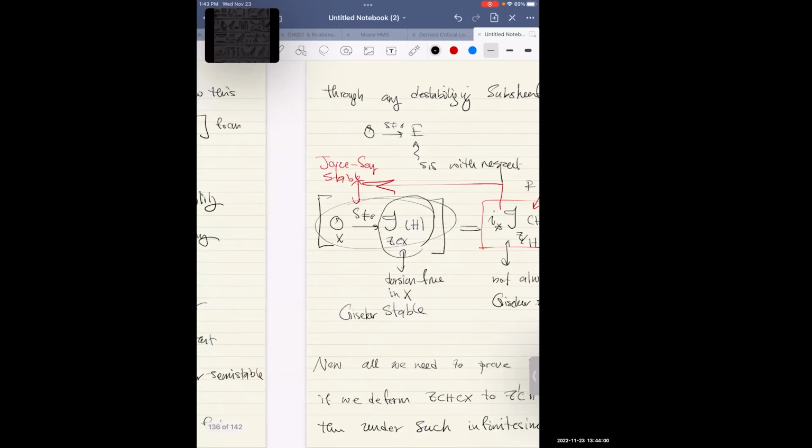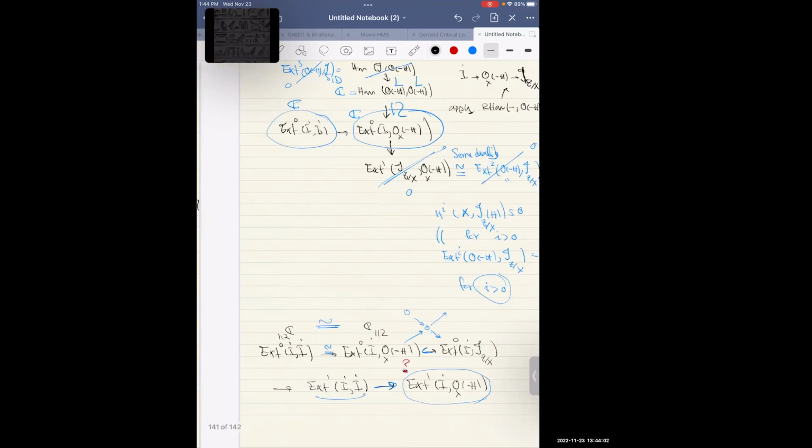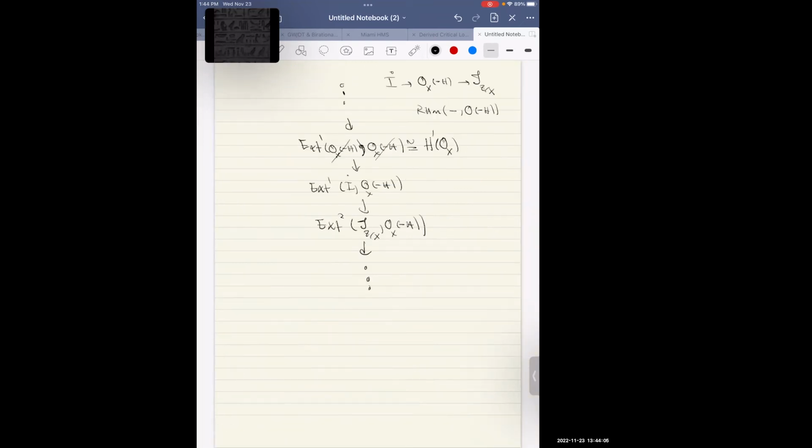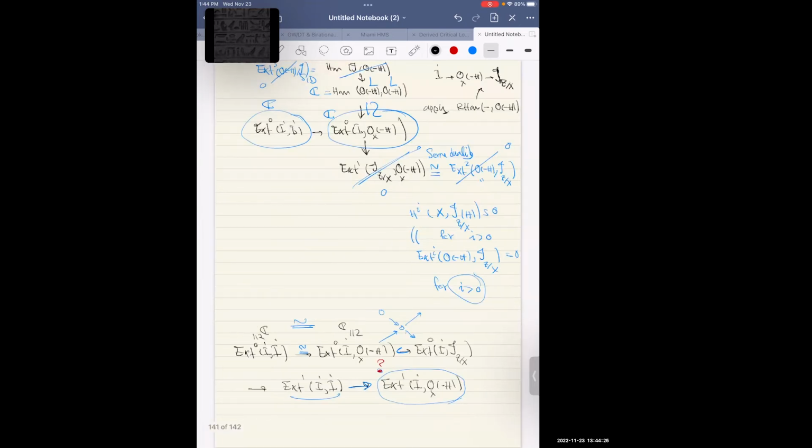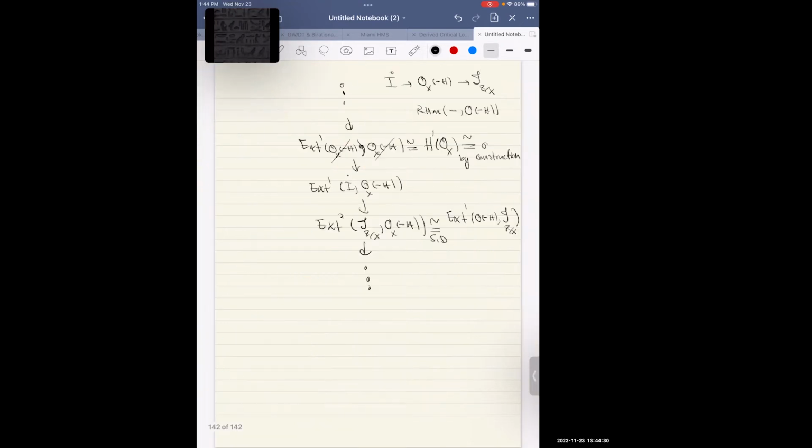So by construction, this thing is isomorphic to 0. How about this term? Again, by Serre duality, this is X1 O minus H I of Z in X, which, again, by this assumption in here, for all I bigger than 0, is vanishing by assumption.